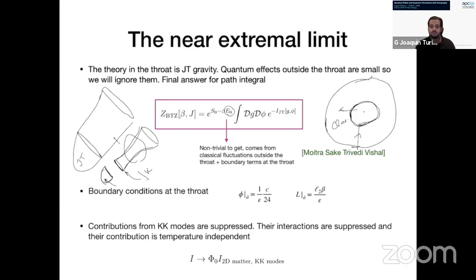It's harder to argue that the KK modes are suppressed. I see, okay. The kinetic part of the matter fields will look weird in that region, but the point is that it's not necessary to compute their quantum effects outside anyway, because they're suppressed by G Newton, but they don't get enhanced at low temperature.